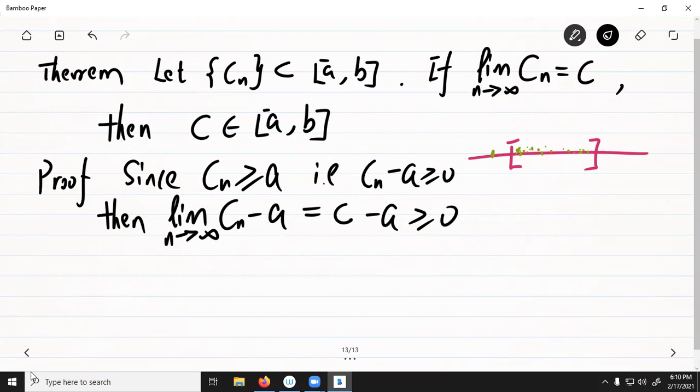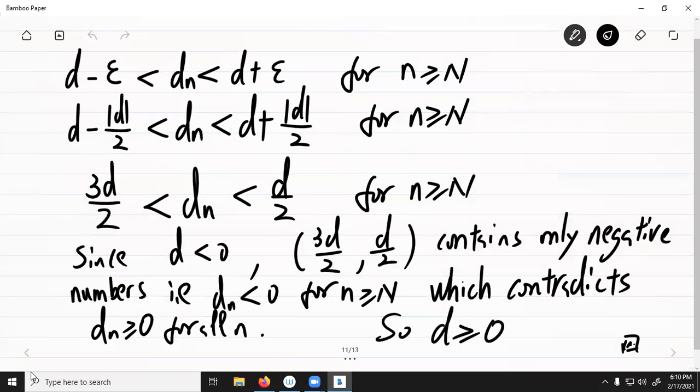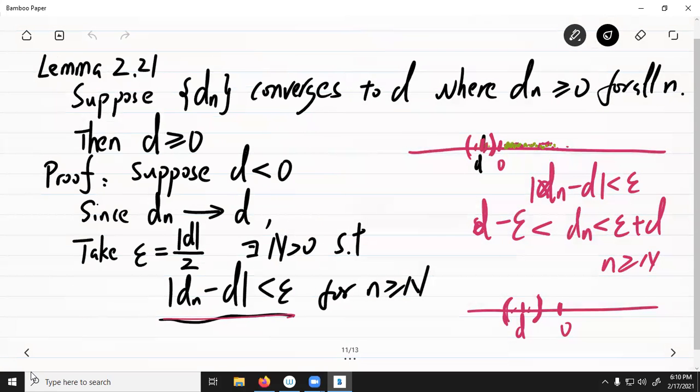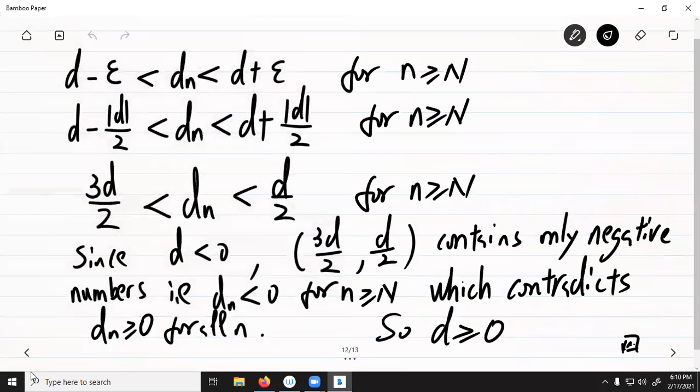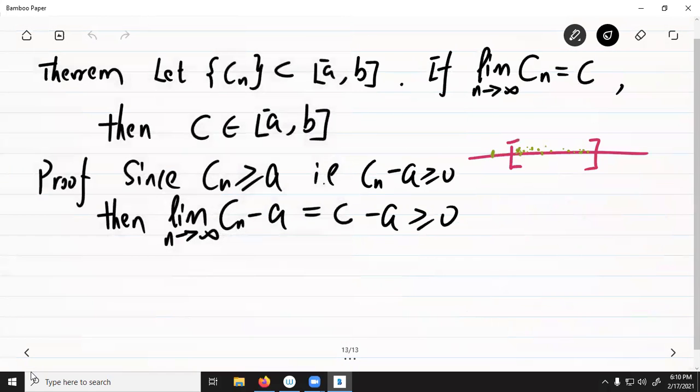This is exactly the lemma: if you have a convergent sequence that is greater than or equal to 0, then the limit is greater than or equal to 0. Now our sequence here is Cn minus A. Cn minus A is greater than or equal to 0. So take the limit. The limit C minus A is also greater than or equal to 0, right?